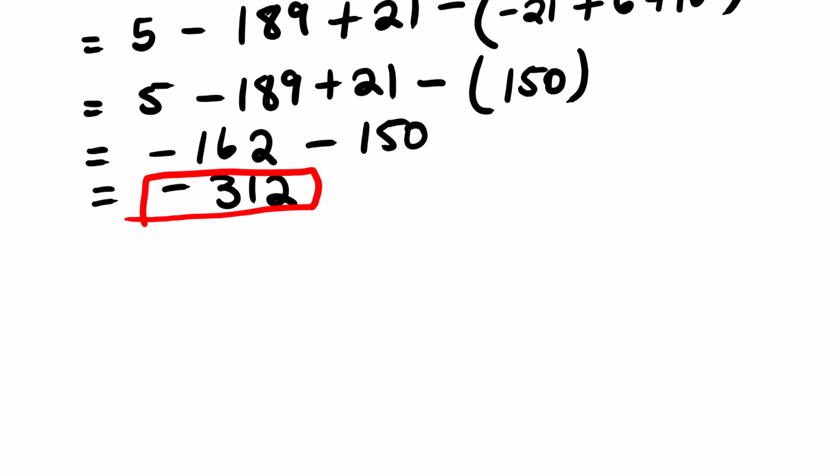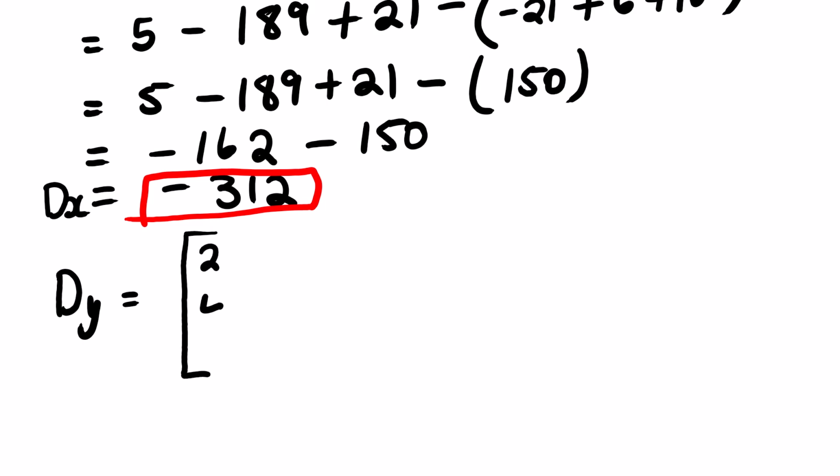So from there we can conclude that our dx is equal to this. We need to continue to find our dy. dy is equal to the matrix 2, 4, 3. The column of y entries we substitute by our results.